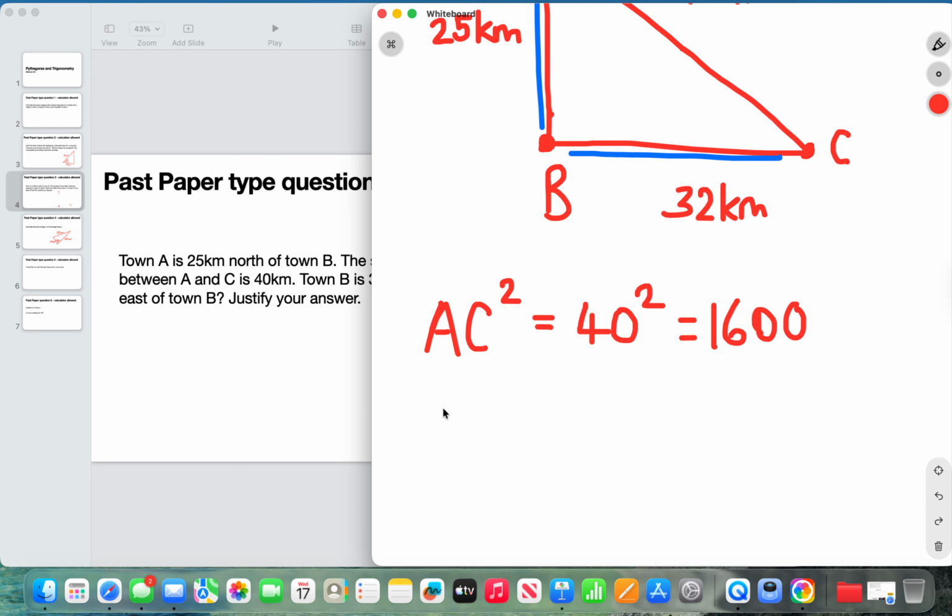Then we want to do AB squared plus BC squared, the two shorter sides. And that would be 25 squared plus 32 squared.